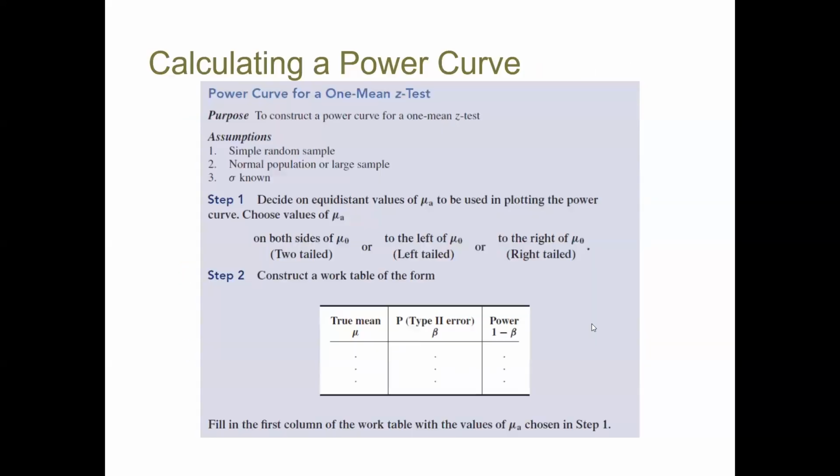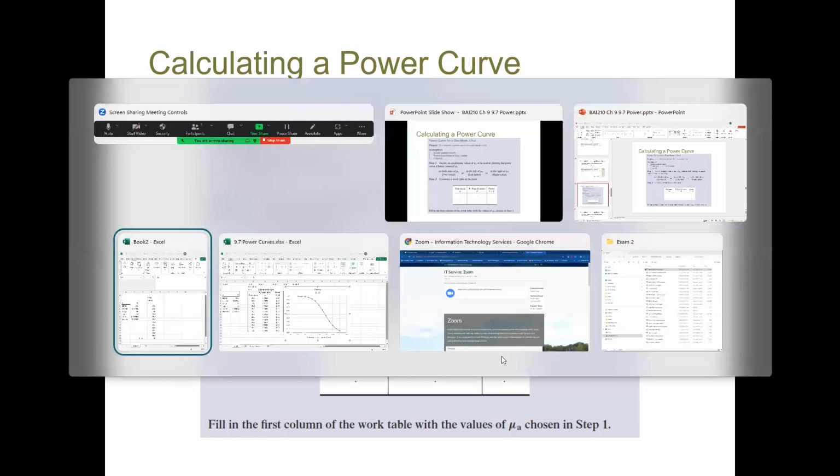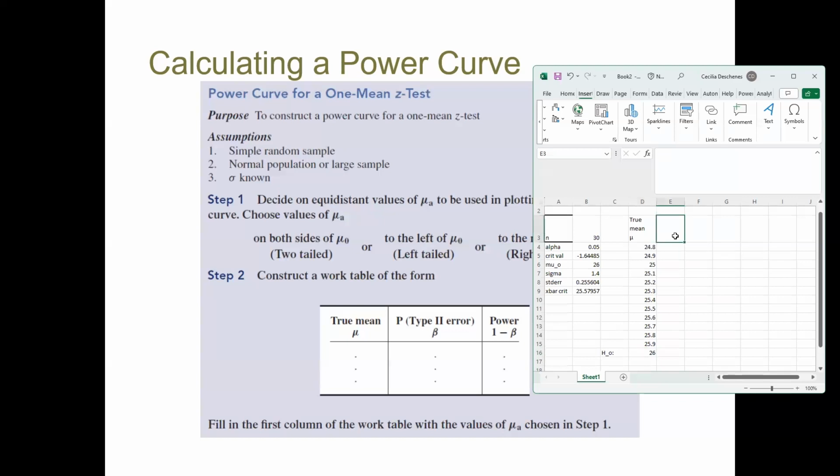Okay, so the second step is we're going to construct a work table of this form in Excel. So let's get our Excel here. We're going to add the probability of a type 2 error. And to get a carriage return on Windows, I'm not 100% sure how you do it on a Mac, but on Windows, you hit Alt and Enter at the same time.